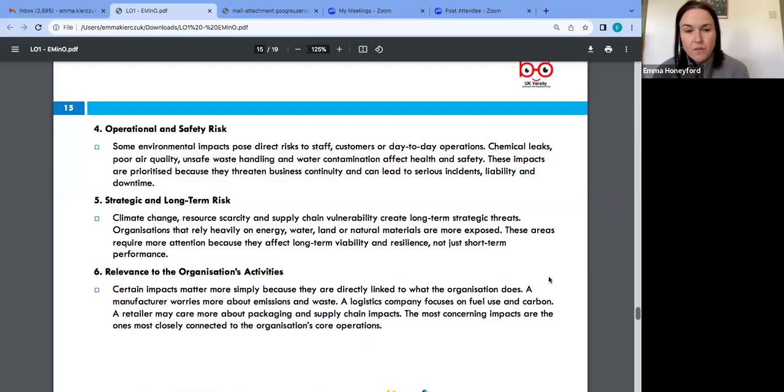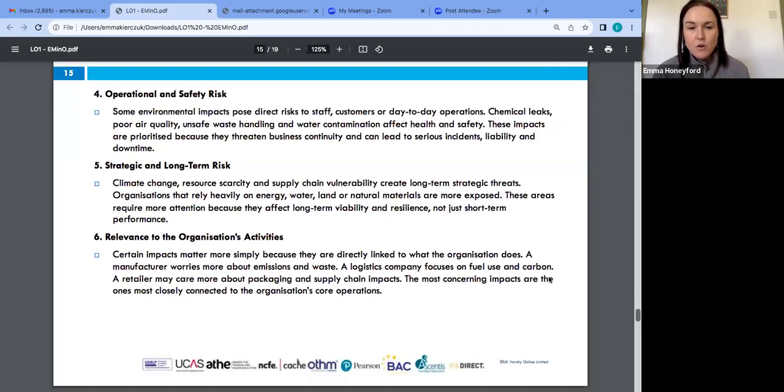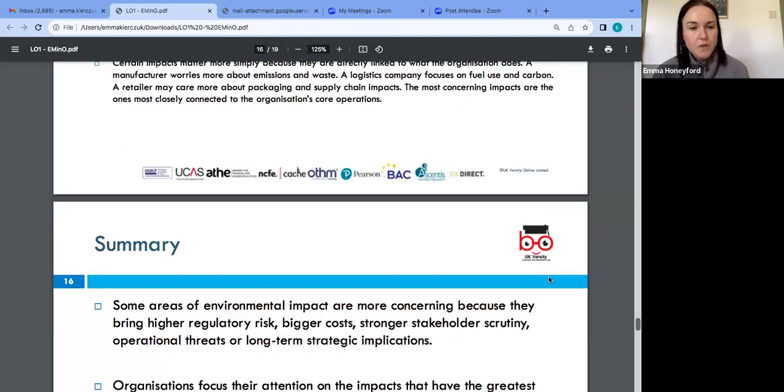For example, a manufacturer may have more concerns about emissions and waste, whereas a logistics company focuses more on fuel use and carbon. Each organisation will have a different scope area to think about. A retailer may care more about packaging and supply chain impacts. The most concerning impacts are those most closely connected to the organisation's core operations.